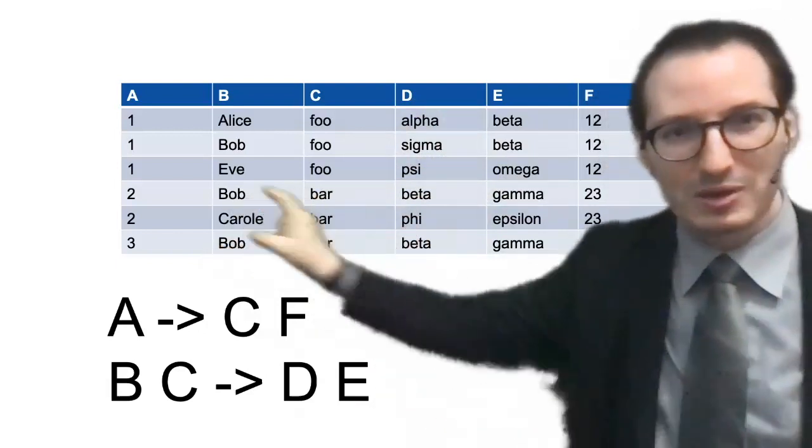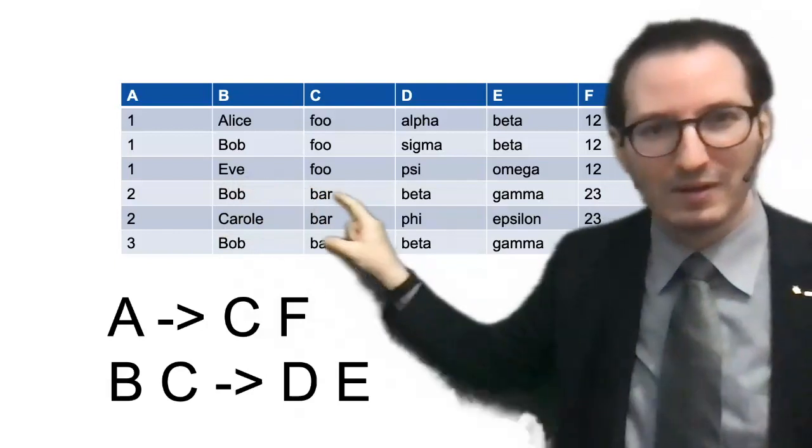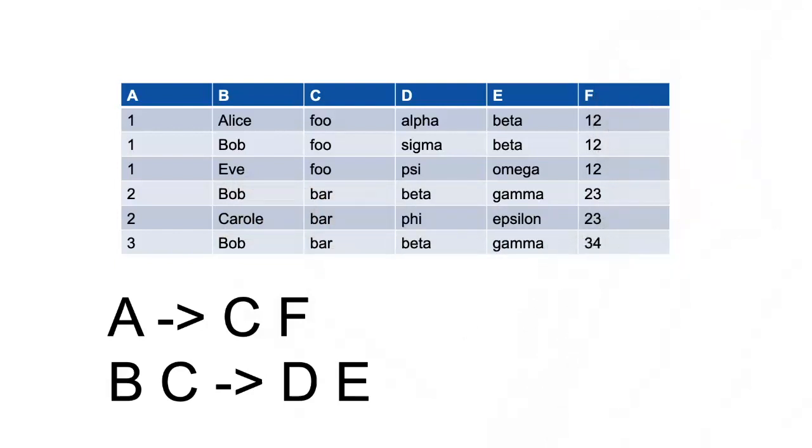But I just arranged that there is at least one example of twice the same. All right, who sees now BC functionally implies DE? All right, perfect.